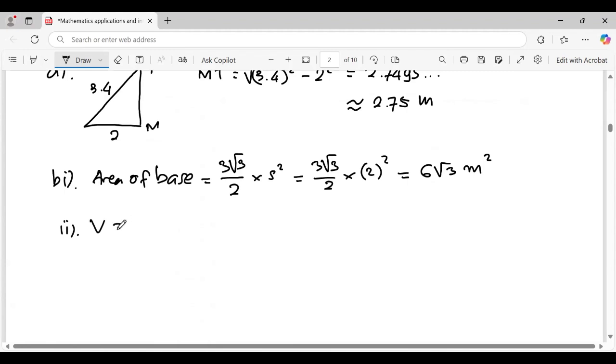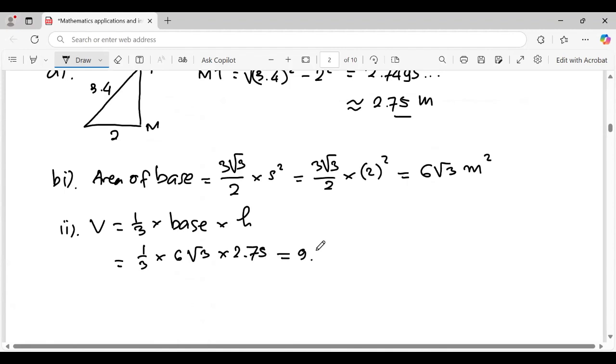Next, volume equals 1/3 times base area times h, the height. So 1/3 times 6 square root 3 times 2.75, this one, equals 9.524 or 9.52 meter cube.